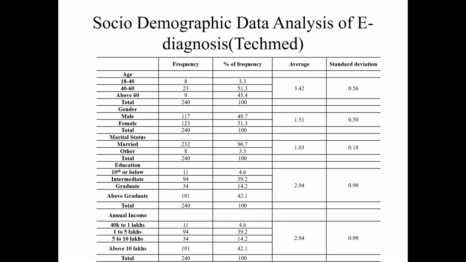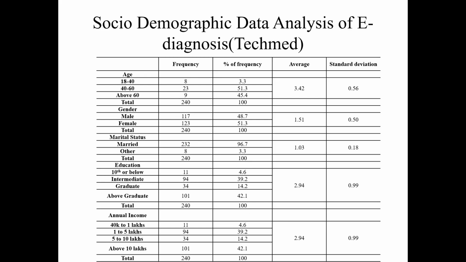This is the socio-demographic data analysis of e-diagnosis, that is TechMed. The average of TechMed is 3.42 and the standard deviation is 0.56. The average of gender is 1.51 and standard deviation is 0.50.